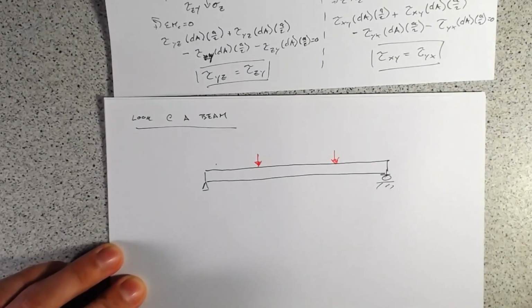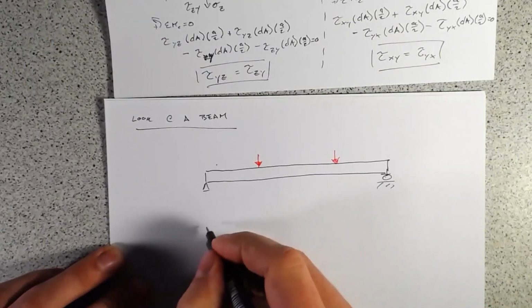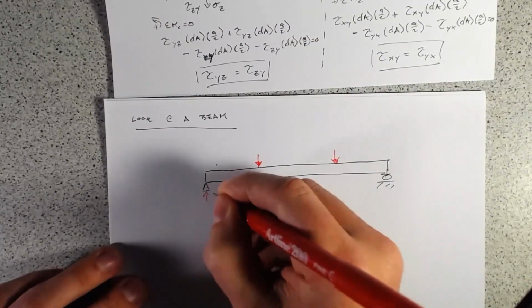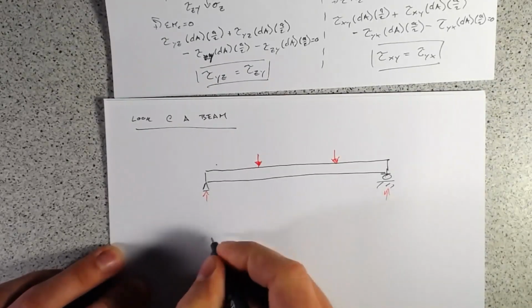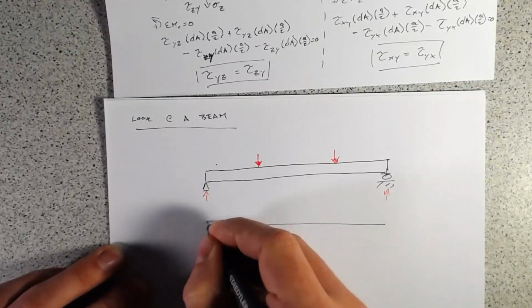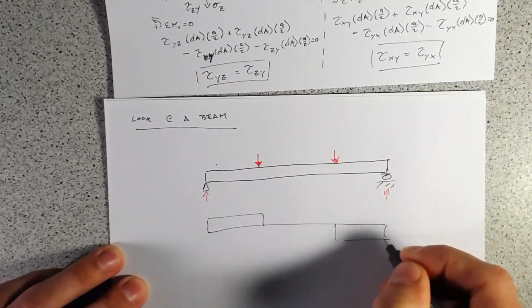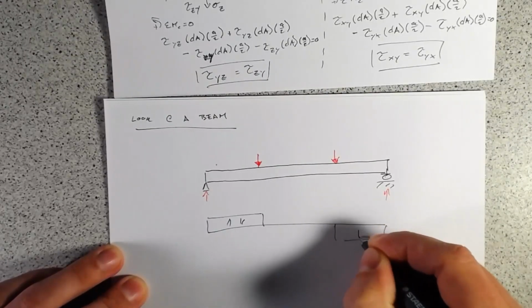Well, we know now that this is going to create a shear, right? So you've got your reaction force here and a reaction force here. So you have a shear force diagram that goes up, then down, down, then up. So it's like this.